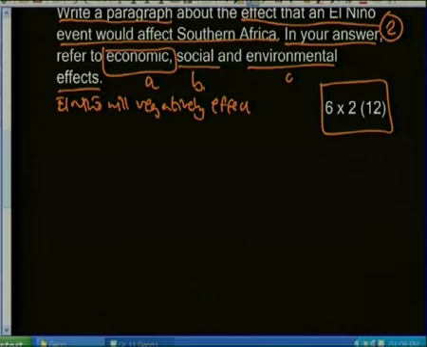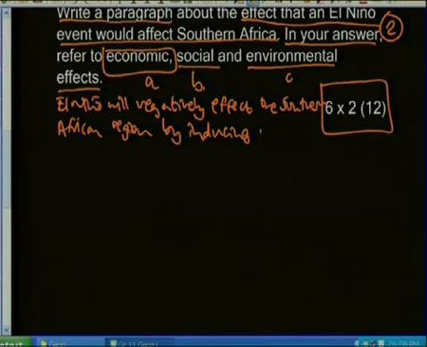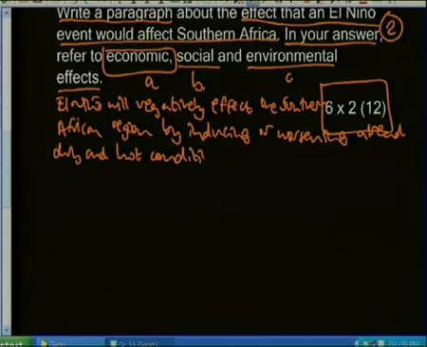It's going to have a horrible influence, the Southern African region by inducing or worsening already dry and hot conditions. Okay, what El Nino can do is it can basically cause drought to be more of a problem or make it even exacerbated.